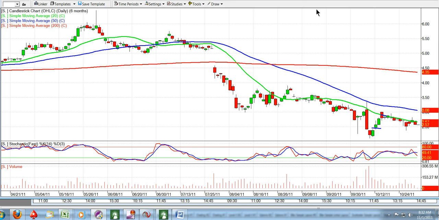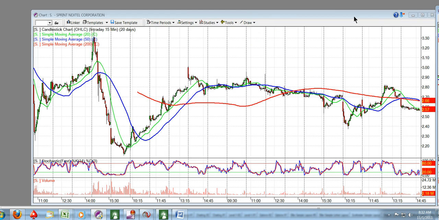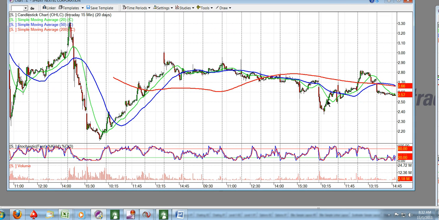So I'd like to show you the 15-minute chart, because what I've been looking at here is the daily. And if you look at the 15-minute chart on Sprint, right in this area is what we call a 20, 50, 200 squeeze. And what happens is we break the 20, we break the 50 on an oversold stochastics area here. And as you can see, we got up to that 2.80 level.